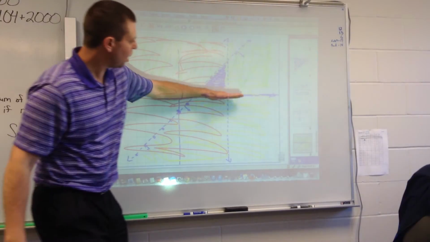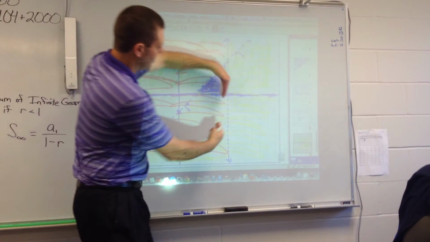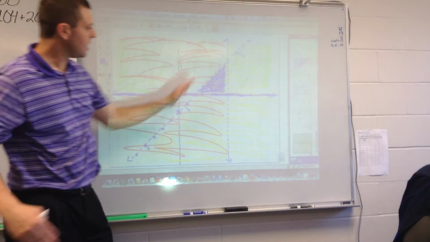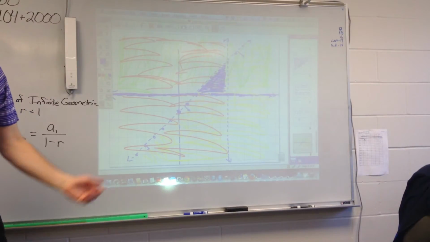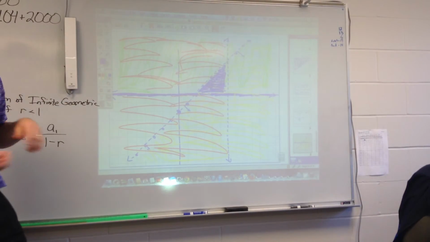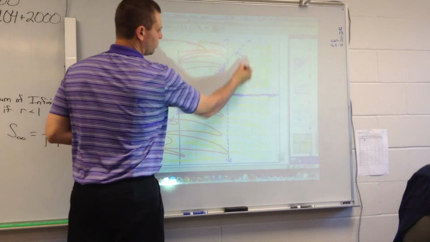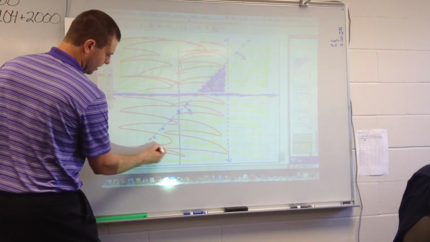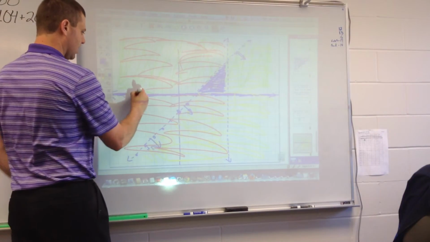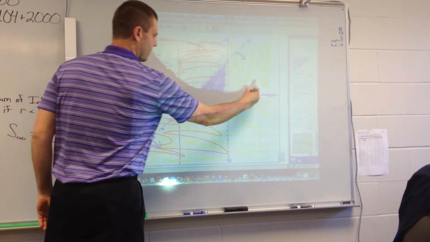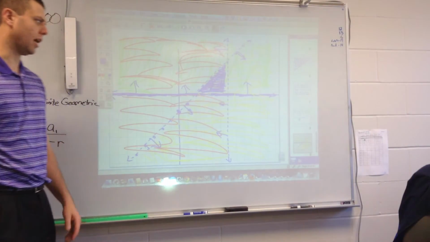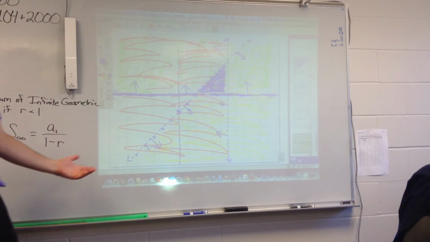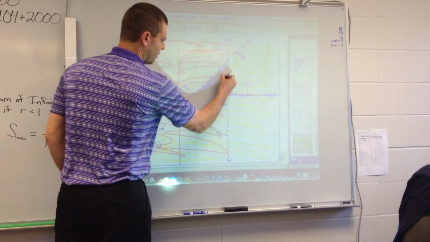It had to be above this line, left of this line, and below that line. A lot of times I don't even lightly shade. I'll just put these little arrows reminding me which way I need to go: shade that way, shade up, and then shade left. Then I think, what region satisfies all three of those things? This one right in here.